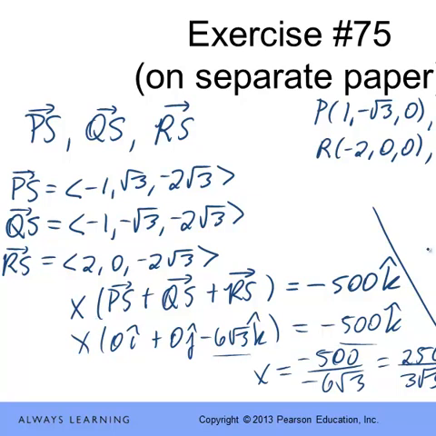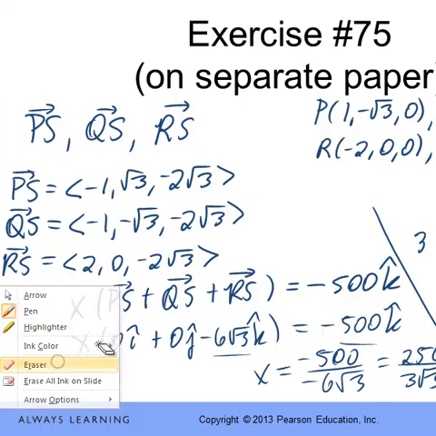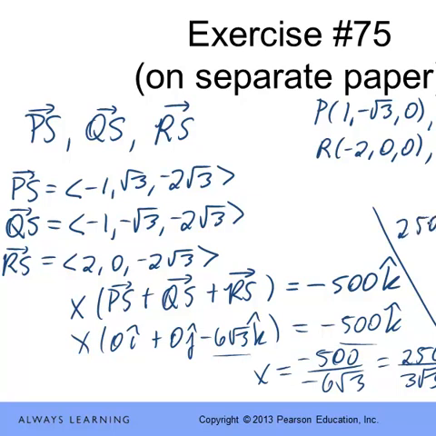So if you were to take 250 over 3 root 3 times the magnitude of any one of these three vectors, because after all, they are the same length, right? Then you would have the tension, meaning the magnitude of the force vector. So let's just take the RS vector, for example.